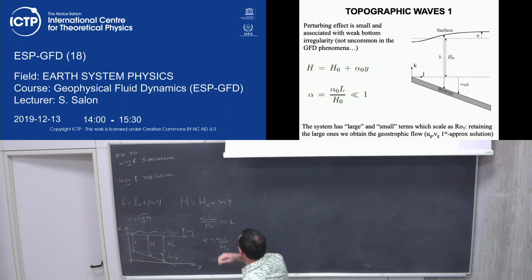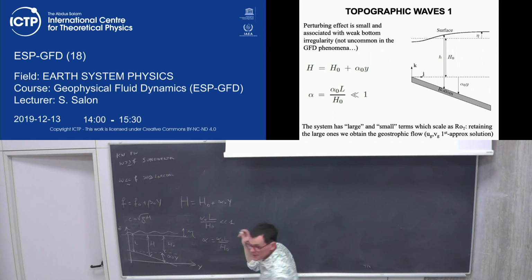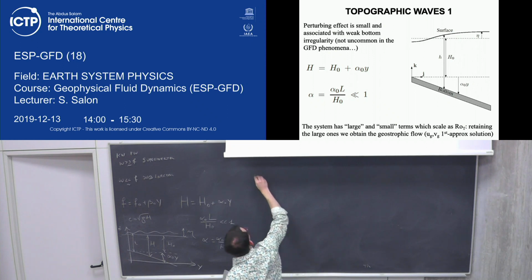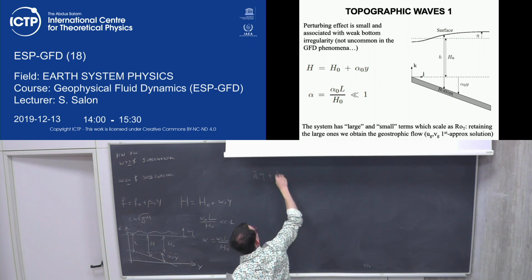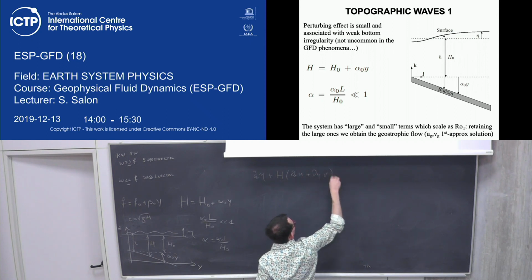So what happens to our equation? We have H appearing only in the third equation, eta plus capital H, d_x u plus d_y v equal to 0.